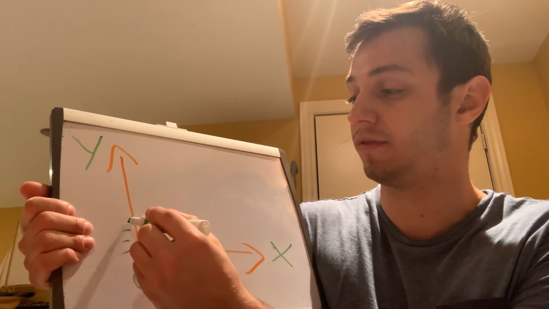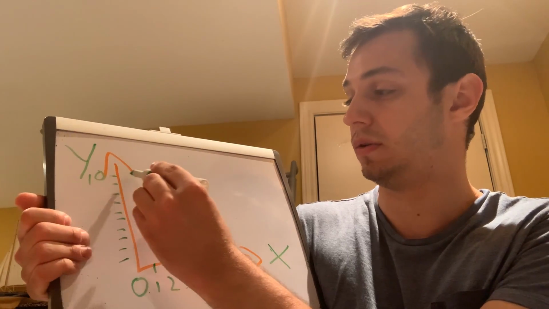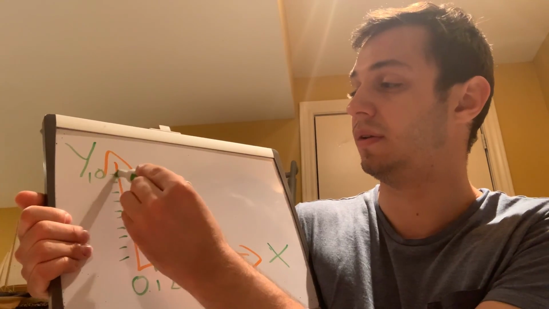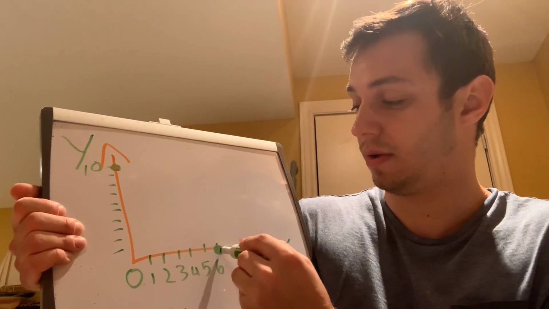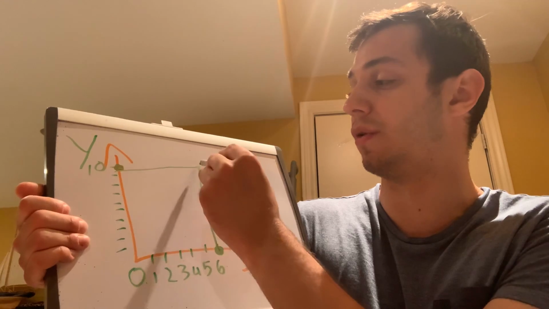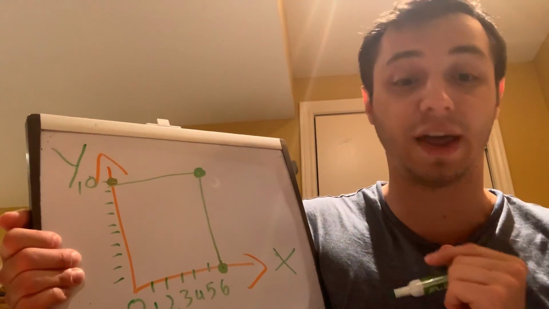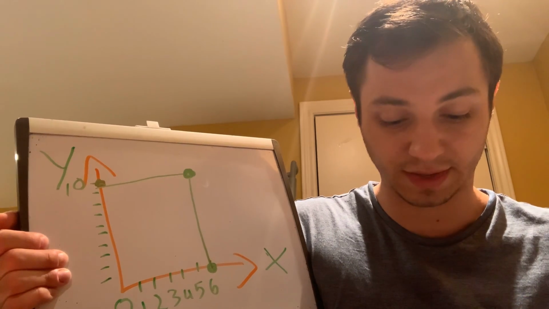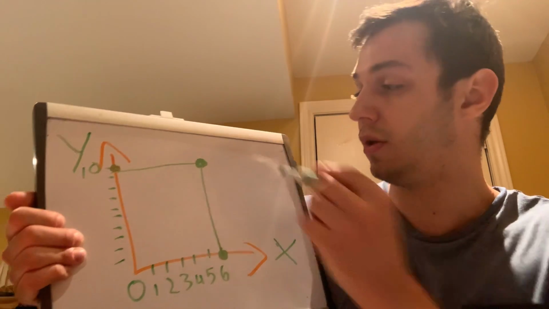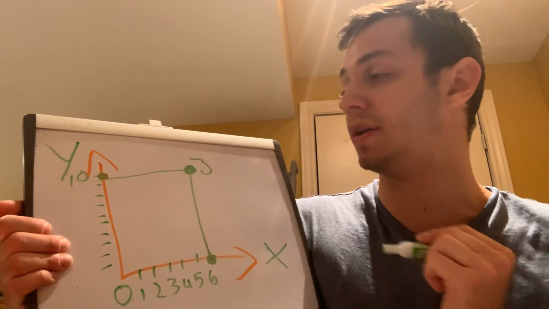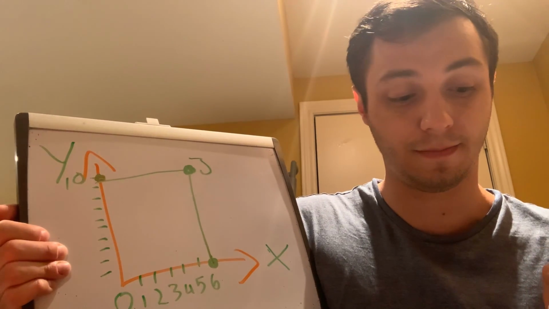So 1, 2, 3, 4, 5, 6, 7, 8, 9, 10. 10 is here, right? So we want to find where x equals 6 and where y equals 10, right? So it will be right over here. So at this point is where we have a letter written. So if you look where x equals 6 and where y equals 10, we have the letter J. So that's the letter we're going to write in for part A.